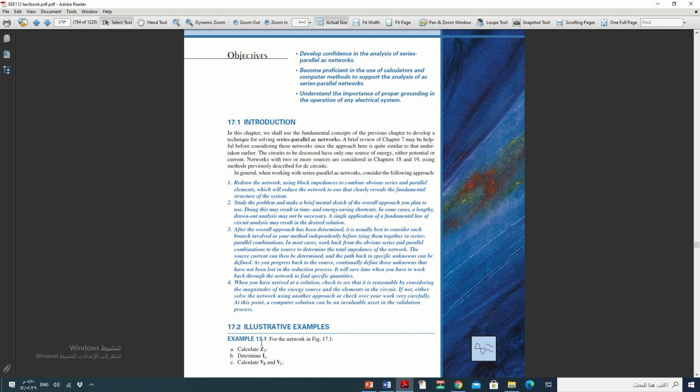Here, example 17.1. For the network in figure 17.1, calculate Z total. Also determine IS, which is I total. Part C, calculate VR and VC.